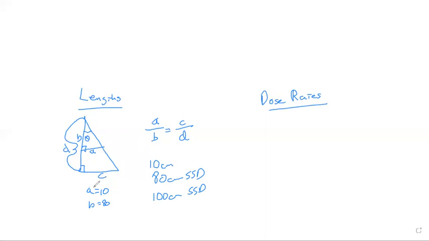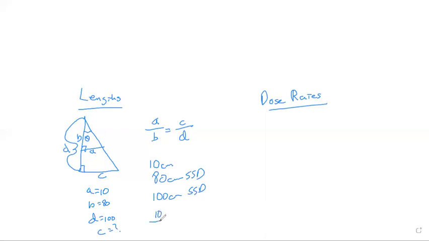Let's say we change B into D, and so we make that equal to 100. Then what is the value of C?